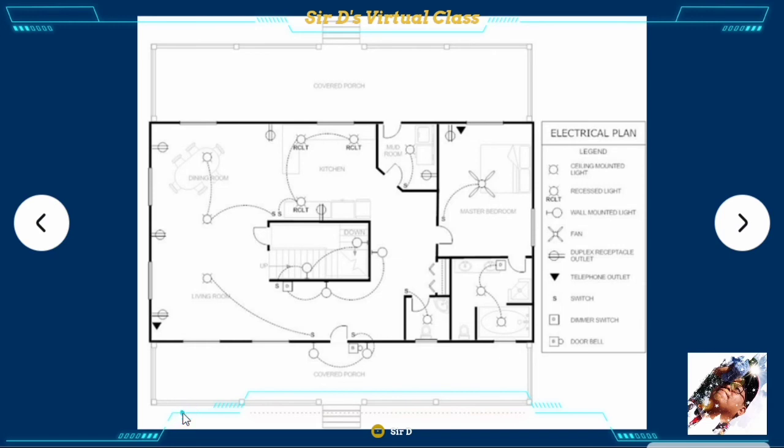Remember that in a household or in a building, there are no lights that are closely installed together, nor convenience outlets, and so with other electrical devices.